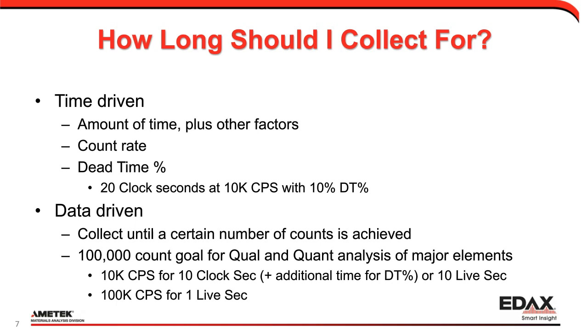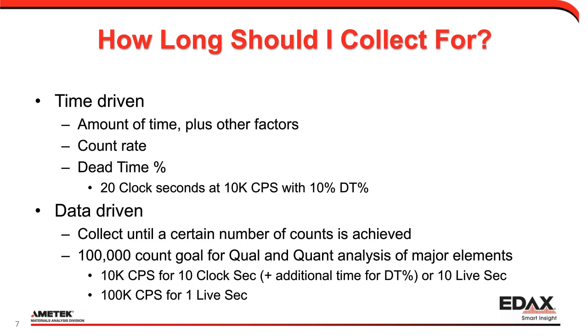What 10 clock seconds really means when you consider dead time added to it is 10 live seconds. The live collection time in the EDAX software allows you to make up for the time lost to dead time. Of course, we don't want to lose time to dead time. We want to increase our productivity, and that's where the latest technology changes are taking us. We'll see some more examples of that in the next few slides.